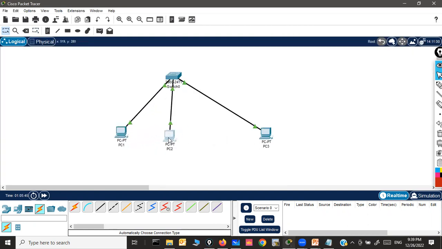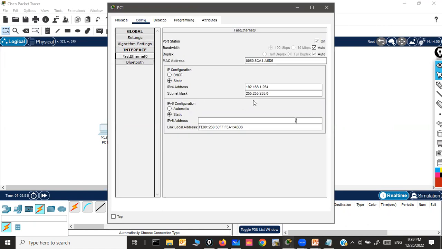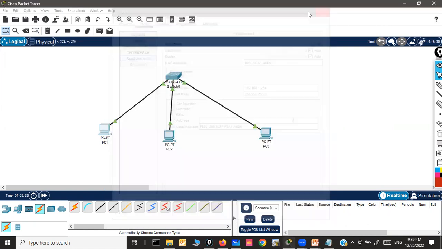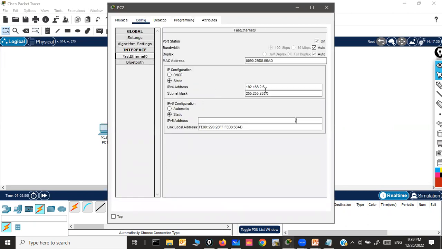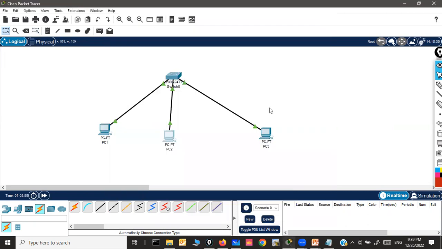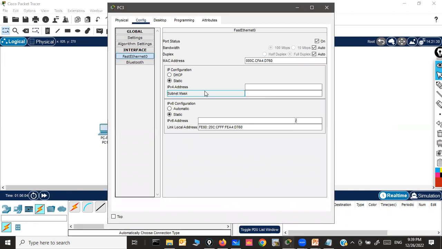So here, this machine's IP is 1.254, and this machine's IP is 1.254 and this one 2.5. Now let's say this one is also 2.6, for example.